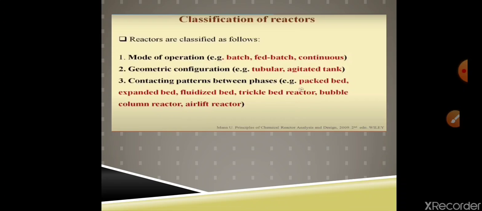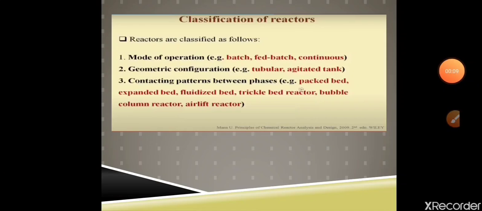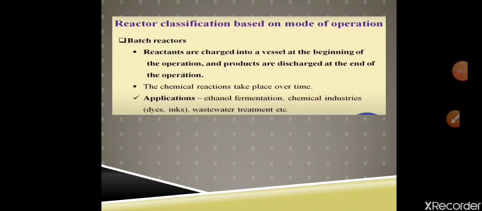The bubble column reactor is similar: simply bubbles of air are passed through the liquid, and in the airlift reactor we have some inner draft tubes. We will see the diagrams of all the reactors in subsequent slides.